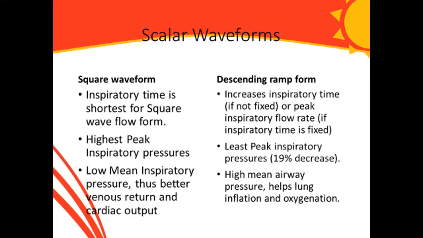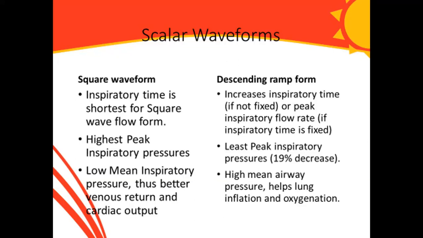If we look at the different waveforms, for the square waveform the inspiratory time is shortest. The reason this is important is because you can use this to diagnose a lot of ventilator-patient interactions.